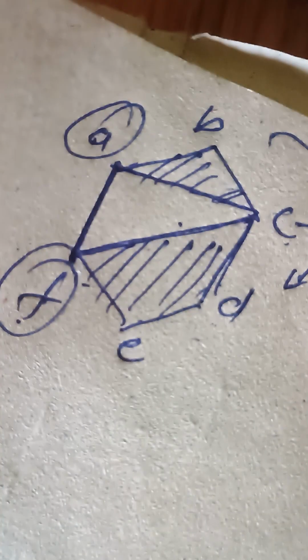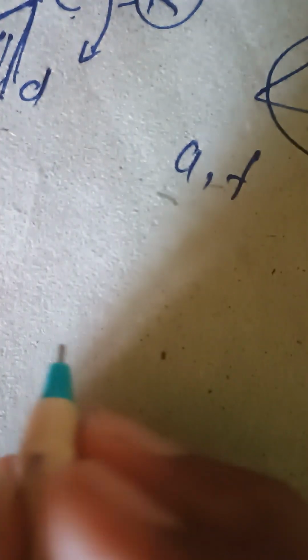Okay, so let's come to the recurrence relation. How will we find it? We are finding a triangle by ourselves, and the other two problems we are passing to the recursion.